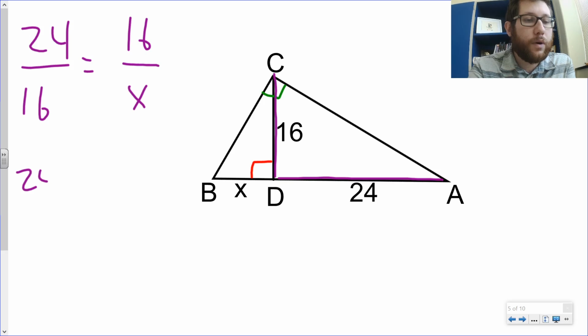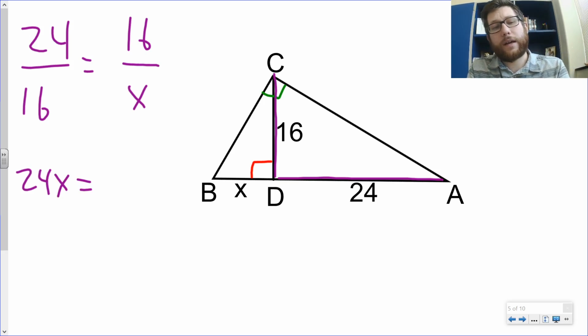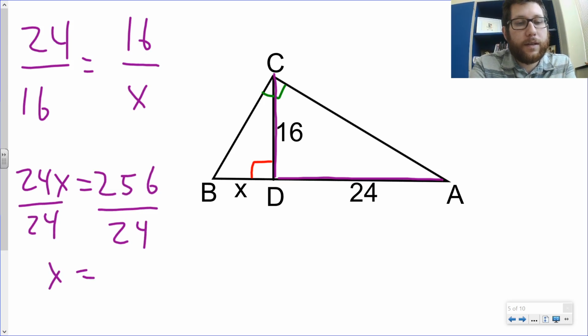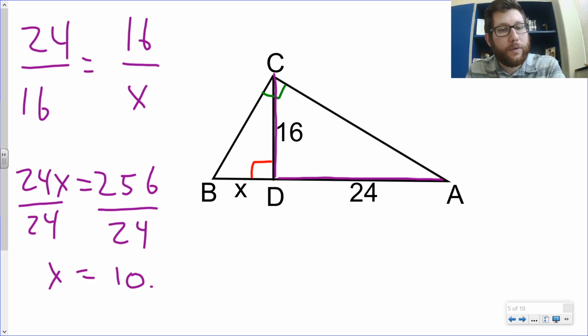So I get 24x is equal to 16 times 16, that's 256. I'm going to divide both sides by 24. And x, let's see if I can do this without a calculator, it's at least 10 point something, like 10.6 or something like that.